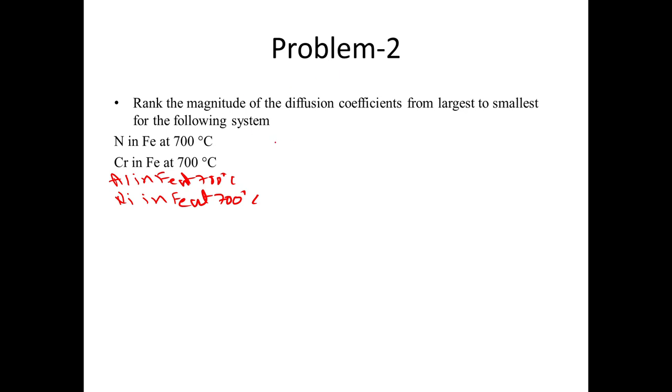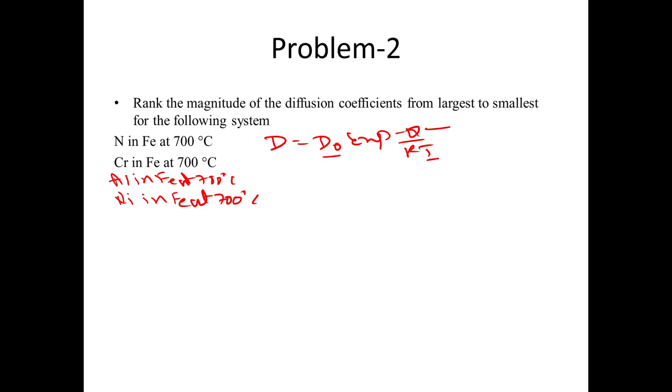If you want to calculate a D value, you need to know three important things: the proportionality diffusivity value, activation energy and temperature.